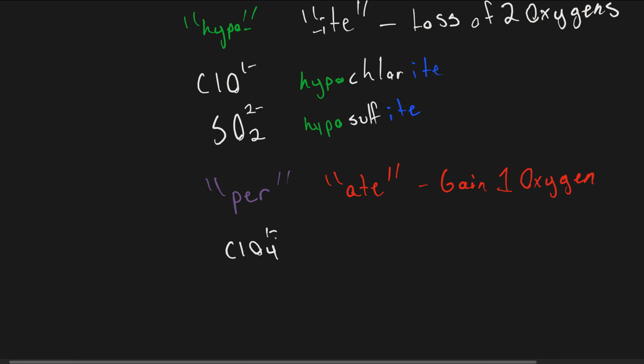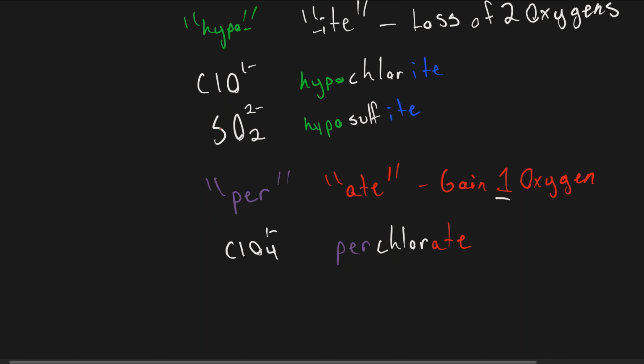Now, how would this be named? Since we gained 1 oxygen, we add the per prefix, keep the base name chlor, and change the suffix to ate. So now this will be known as perchlorate.